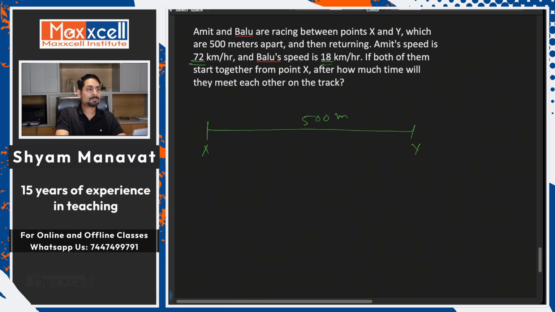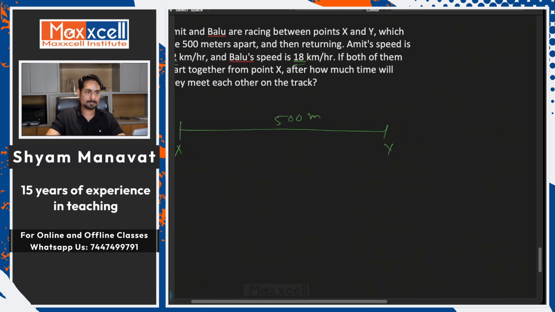So let's convert the speed into meters per second. 72 kilometers per hour, if I multiply by 5/18, I will get 20 meters per second. And the next is 18 kilometers per hour, I multiply by 5/18 to convert into meters per second. So that is 5 meters per second.